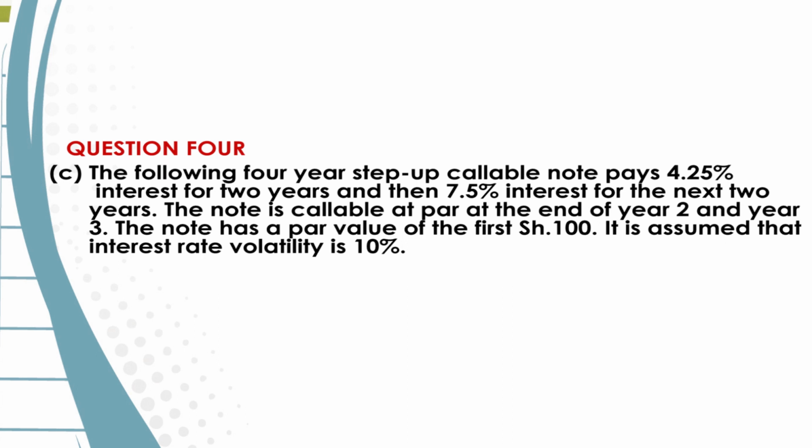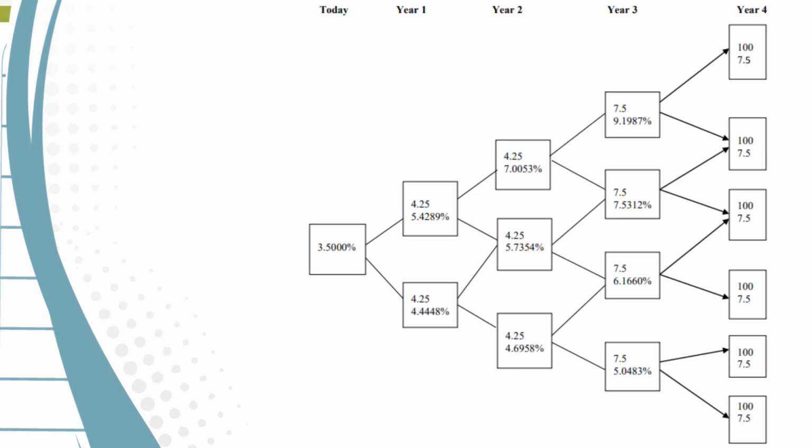So we have the binomial tree there. We can see the first row is today, year 1, year 2, year 3, and year 4. Then we are given the rates. The rates are given within, we have the discounting rates.